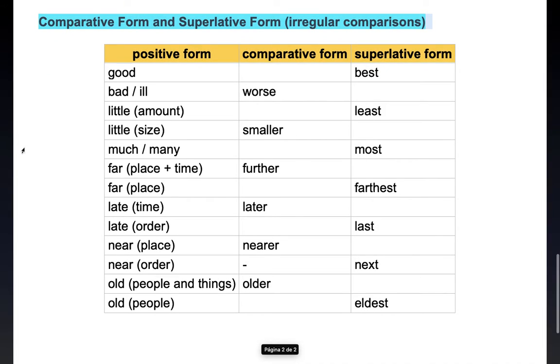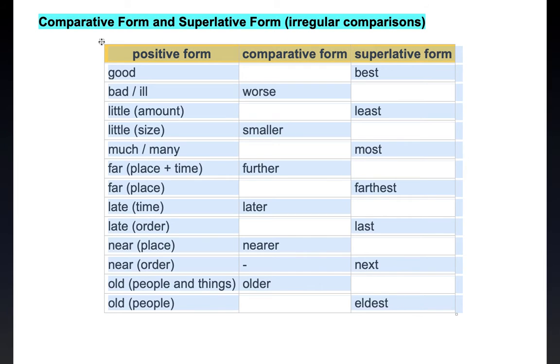Ok, continue. Bueno. Esta es ya la última parte donde tenemos unos adjetivos irregulares que cambian totalmente las reglas que teníamos en la parte de arriba. Dice, comparative form and superlative form, irregular comparisons. Forma comparativa y forma superlativa, comparaciones irregulares. So right here we have a list of adjectives that are irregular.